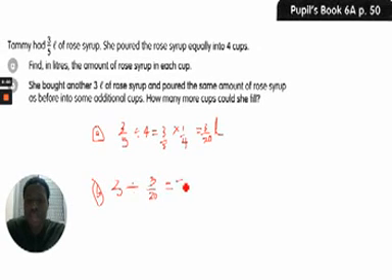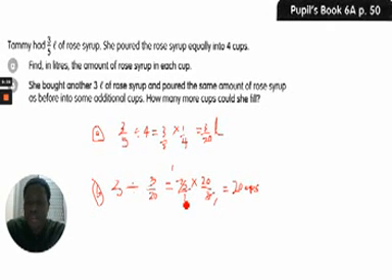So we're going to get 3 multiplied by 20 over 3. This 3 is divided by 1, as you know. 3 goes into itself 1 and goes into 3, 1. Our answer is going to be 20 cups. So how many more cups could she fill? She could fill 20 more cups.